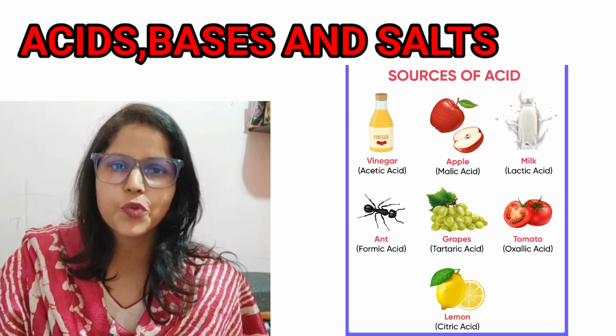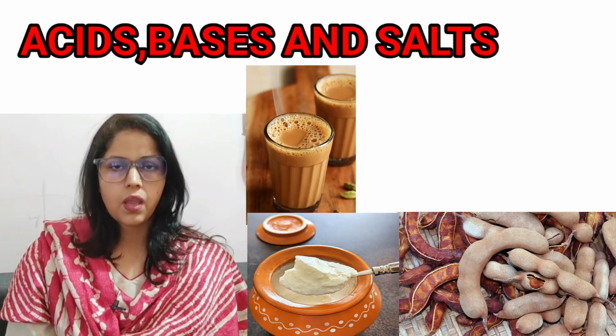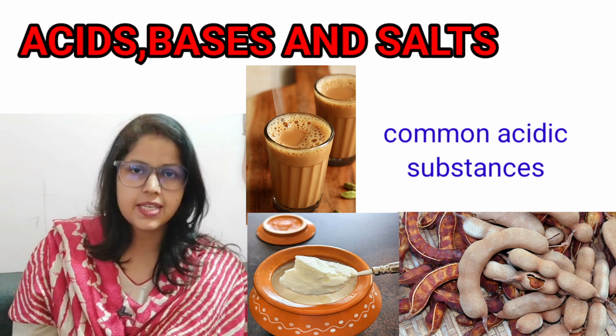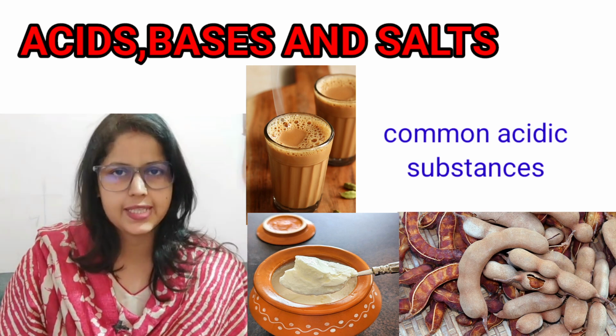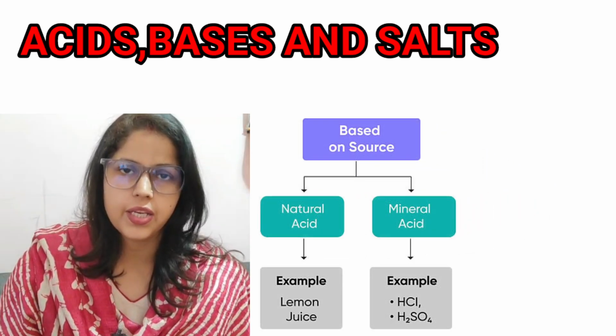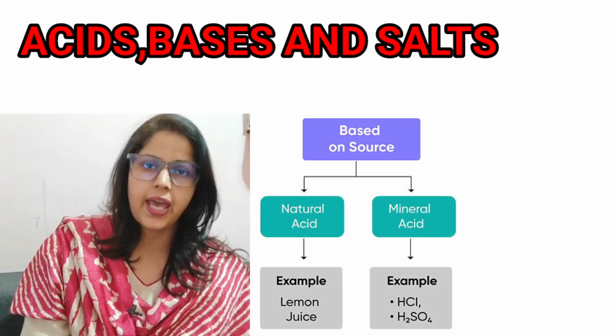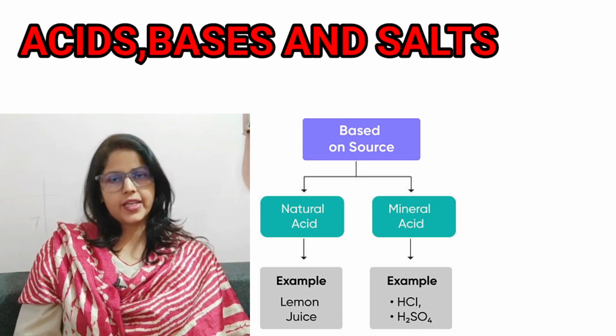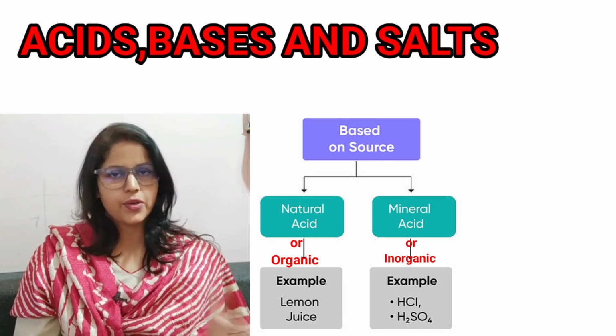Now see, there are many examples of acidic substances in our kitchen around us. Let's have a look at a few common examples. As you see, milk and curd, tamarind, tea, all these contain different acids. These acids are further classified into two types based on their source, organic acids and mineral acids.